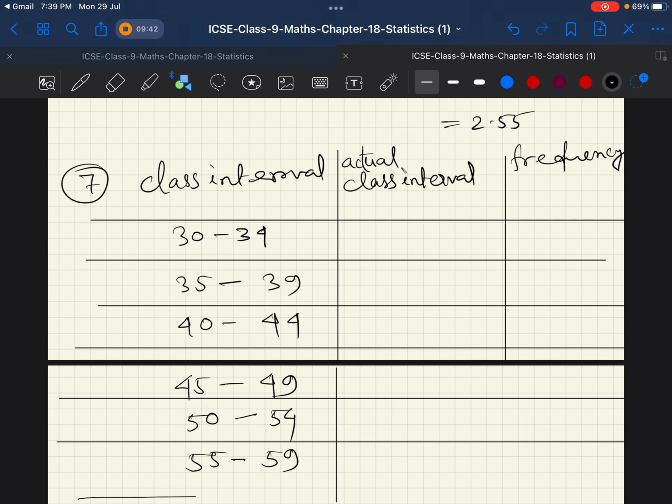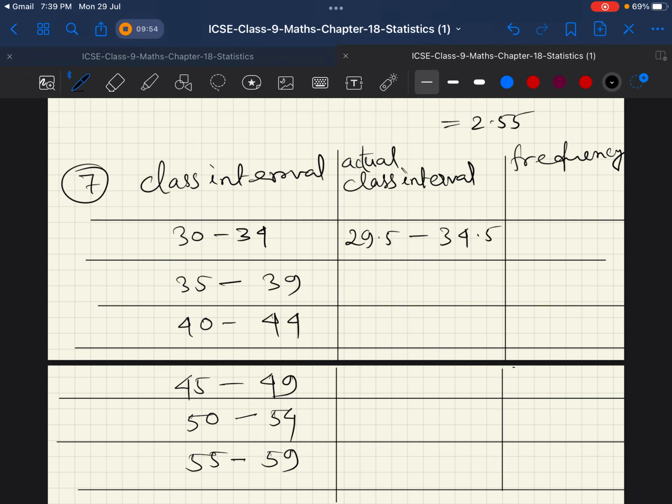Here you see the actual class limit is 29.5 to 34.5.